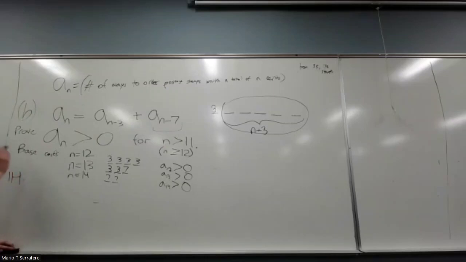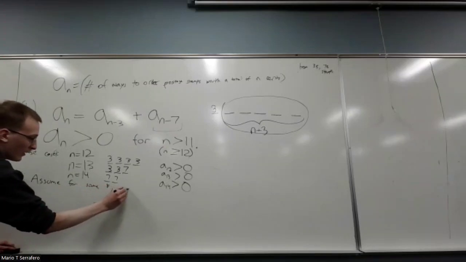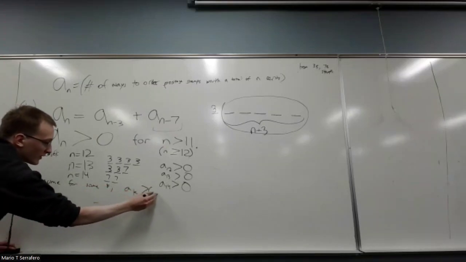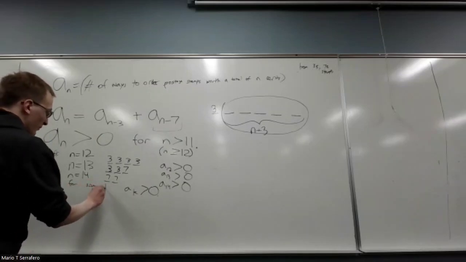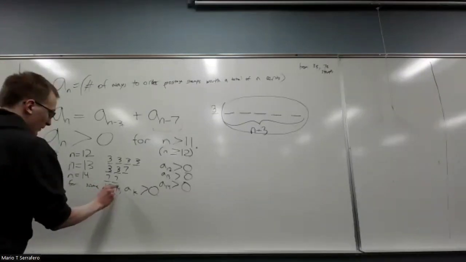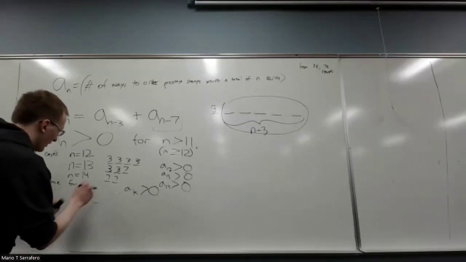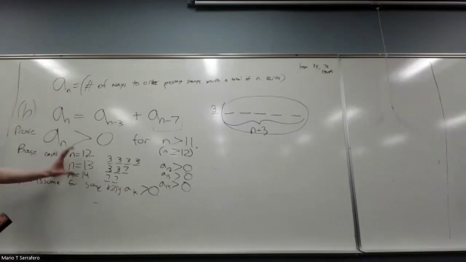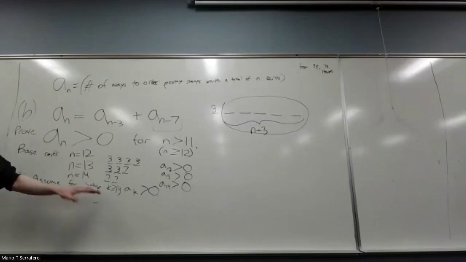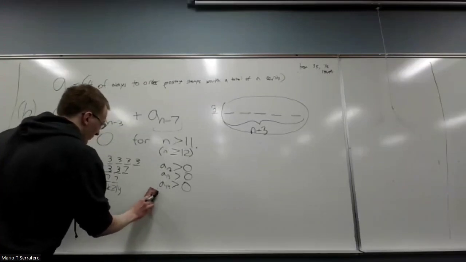We're now going to do an induction step. Since it's strong induction, we'll assume that for some K greater than or equal to 14, we can use the fact that everything from 12 up to K has already been shown to have at least one way to do it.